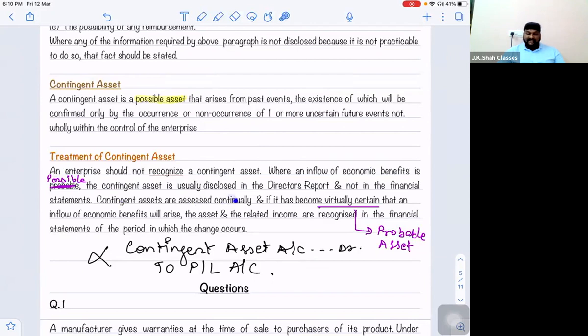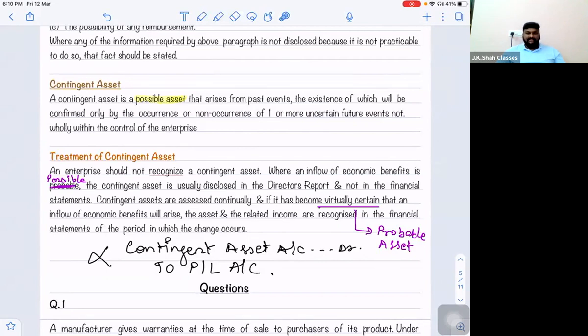Contingent assets are assessed continually, the same as contingent liability; you have to keep on assessing. And when it has become virtually certain that an inflow of economic benefit will arise, the asset and the related income should be recognized in the financial statements for the period in which the change has occurred. So this is it with respect to contingent assets.